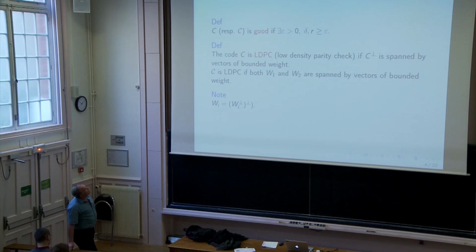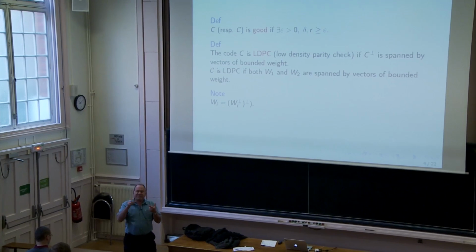Now a very important notion also in classical codes is the notion of LDPC. This stands for low density parity check. We say that the code C, classically first, is called LDPC, low density parity check, if C perp is spanned by vectors of bounded weight. Let's explain.